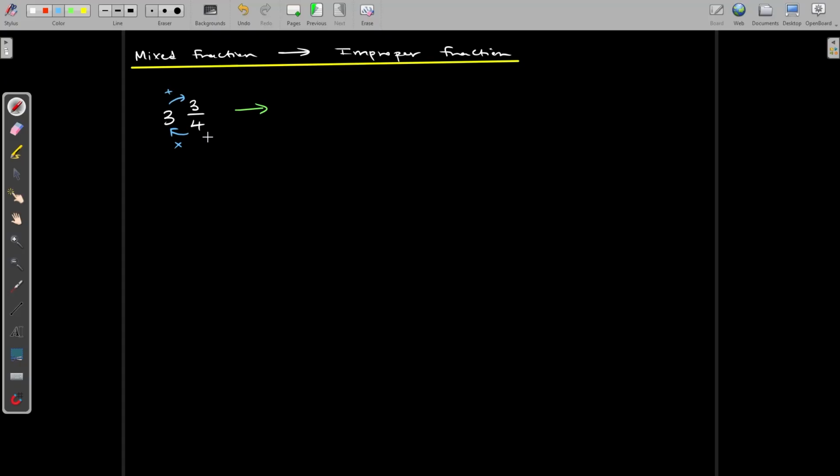So 3 4s 12, and 12 plus 3, 12, 13, 14, 15, so 15 over 4. 3 4s are 12, right? Yes, it is 15 over 4. Is everyone clear with this?